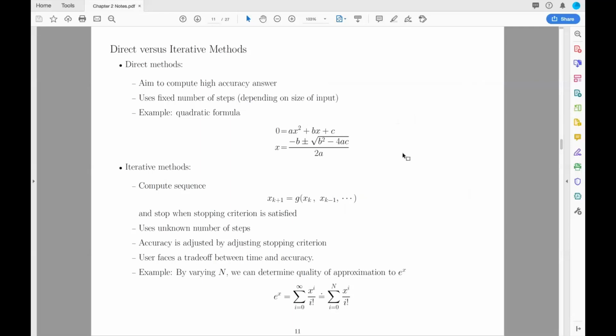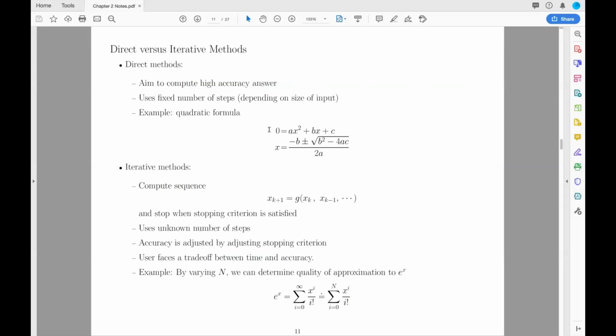Now, in numerical analysis, there are two kinds of algorithms. The ones that you're familiar with from grade school and high school algebra are basically direct methods, such as the quadratic formula.